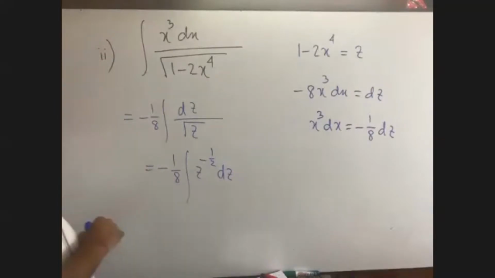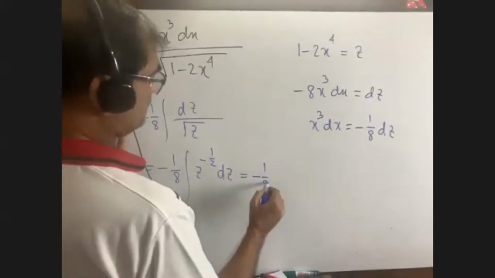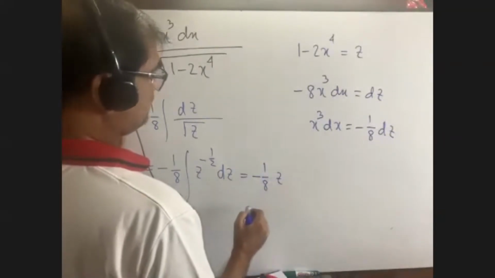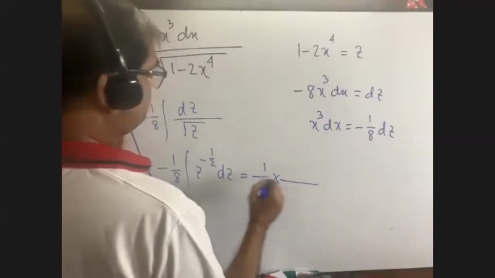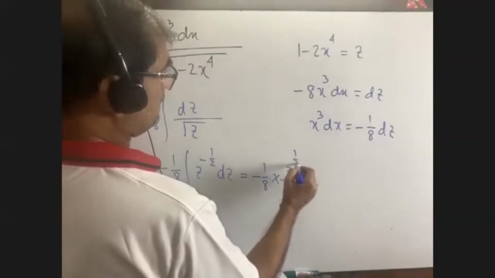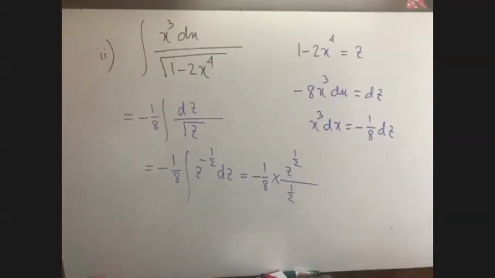Now you can do it, or I will do it: minus 1 by 8 z to the power half by half, plus c.